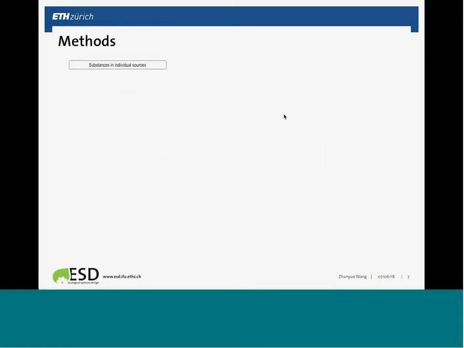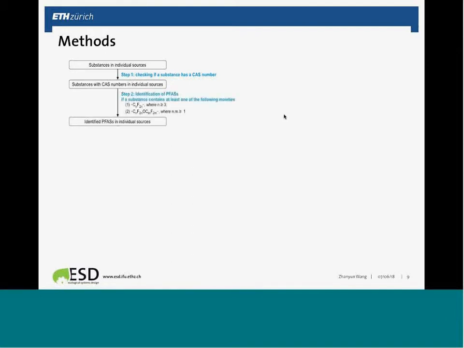We basically check individual sources. The first step is we check if a substance has a CAS number or not. In the current study, we only include substances with a CAS number. Then the second step is we look into the structure of different substances. We use two screening criteria.